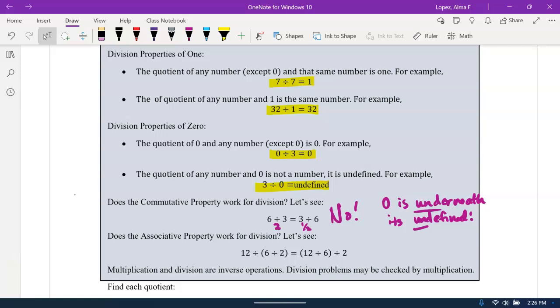And neither is the associative property. 12 divided by 6, okay, we're going to do the part in the parentheses first. 6 divided by 2 is 3, and 12 divided by 3 will be 4. 12 divided by 6 is 2, and 2 divided by 2 is 1. Definitely not equal. So the commutative property and the associative property do not work for division.